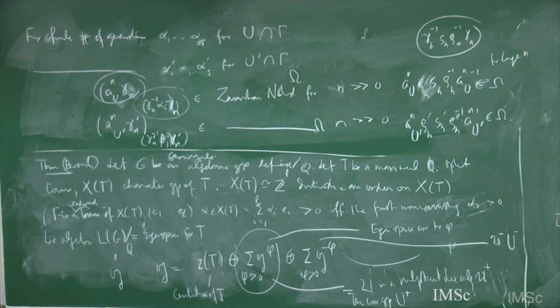Each E_ij will be an eigenvector, E_ij with i<j on top, and similarly E_ij below, they will both be eigenvectors. The Lie algebra spanned by the E_ij, i less than j, will give you the upper triangular matrices. The group will be the upper triangular group, similarly the lower triangular group. So U plus and U minus are like this.